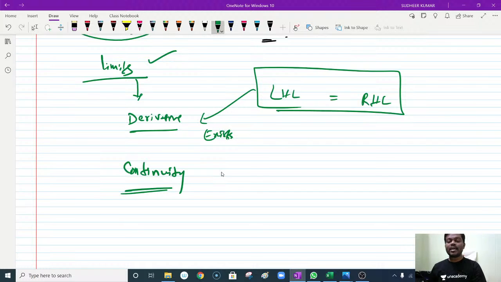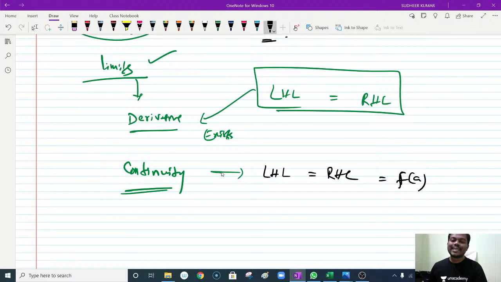The function is said to be continuous when LHL equals RHL equals f of a, the value of the function at x equals a.